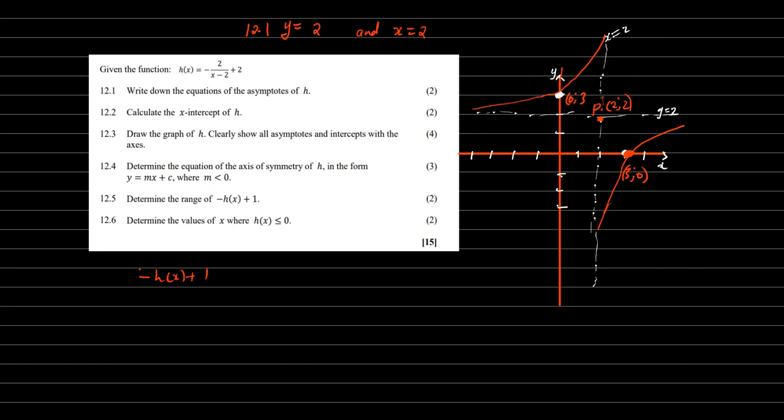But then let's deal with this one wherein we are having a negative. So we'll have a negative, then we put everything that is on our function. It's negative 2 divided by, we divide everything with x minus 2 plus 2. That which we have done here, it will affect the numerators only.